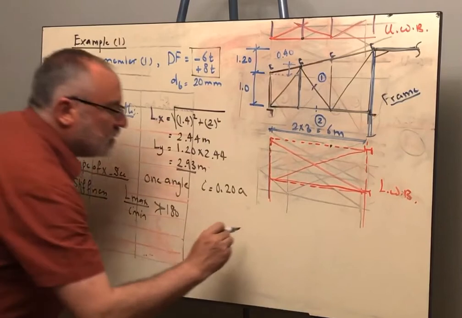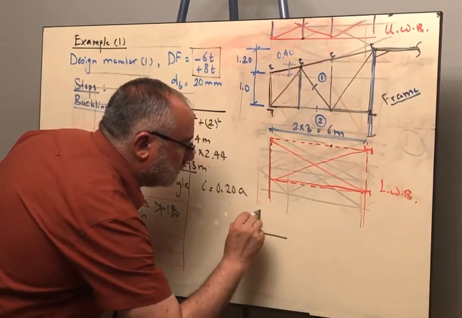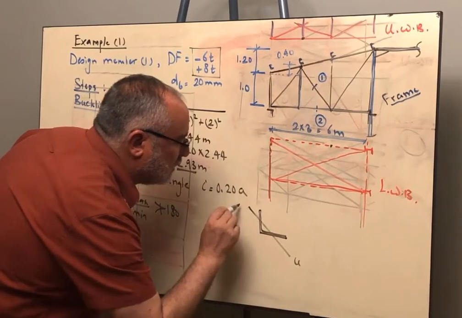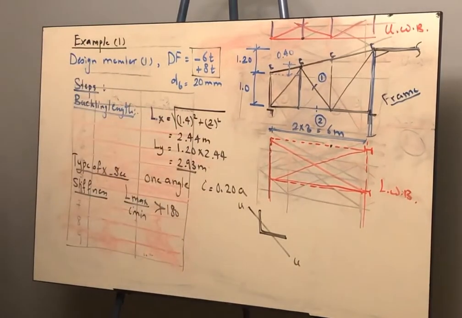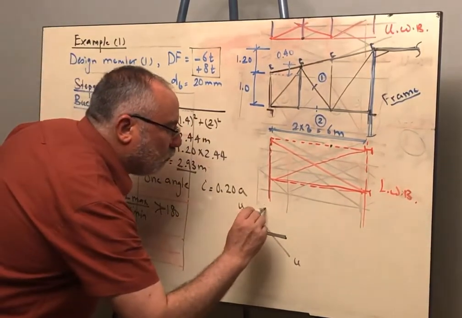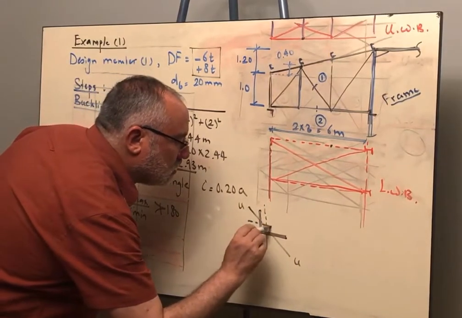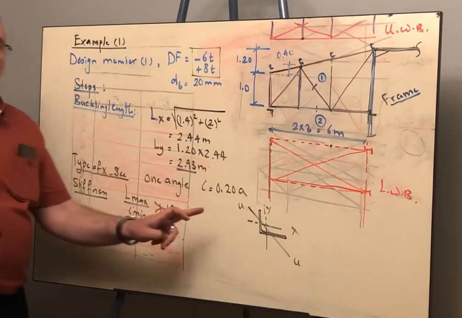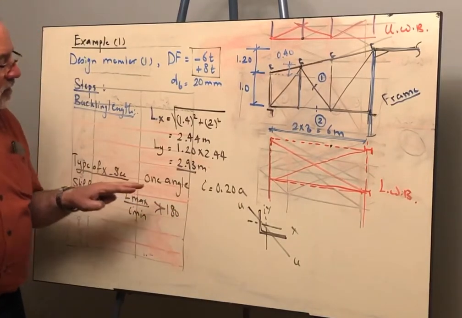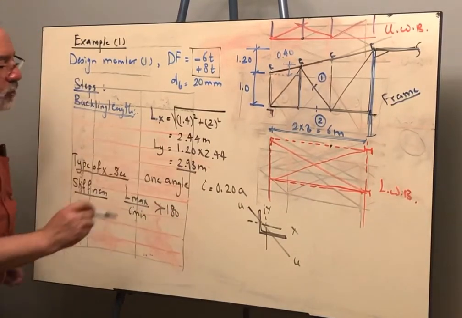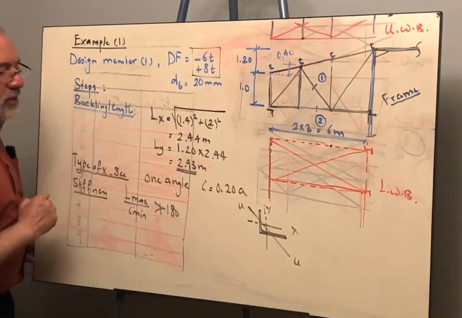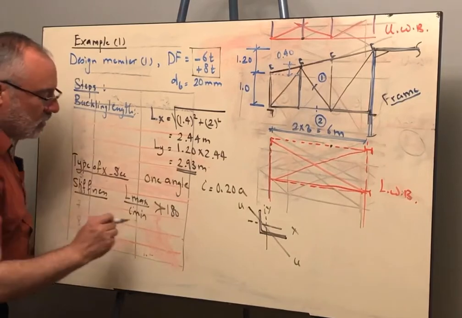Take care that for the angle, this is the section, the axis that is giving the minimum radius of gyration is this inclined axis. But unfortunately, we determined the buckling about the X and the buckling about the Y. So we are doing an approximation. We are taking the maximum buckling length, which is obtained to be 2.93, divided by the minimum radius of gyration, which is 0.2a.